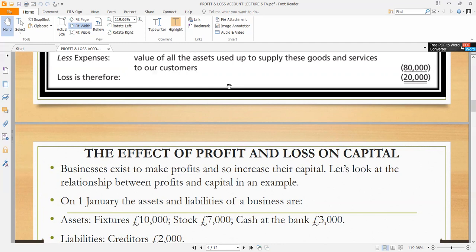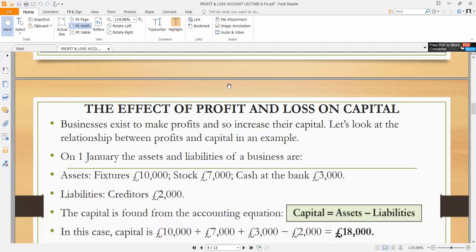Now, on January the 1st, the assets and liability of the business are as follows. Assets. Okay, so we've got assets in the form of fixtures, which is worth 10,000 pounds.